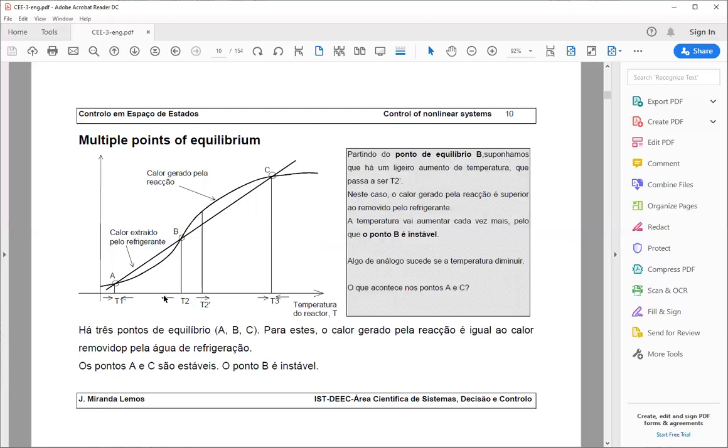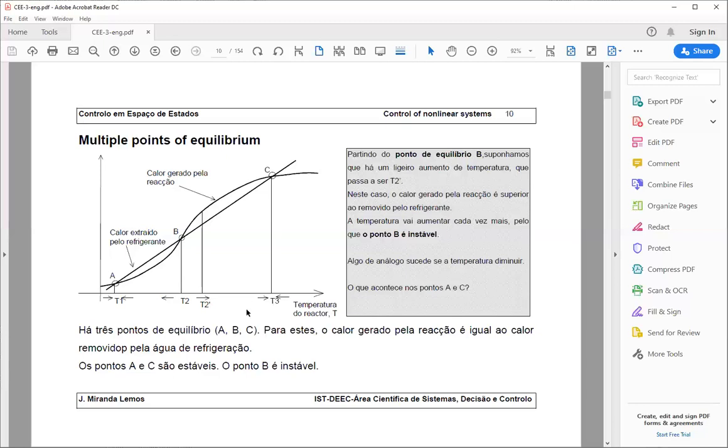If you think that you are at a lower temperature, then it's very easy to see that now you are removing more heat than the one that is being generated, and again your temperature will be decreasing. So T2 is an equilibrium point, but it's an unstable equilibrium point.